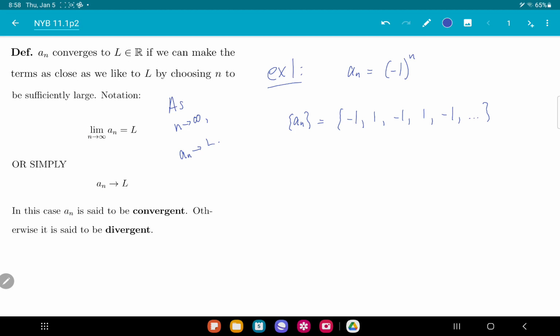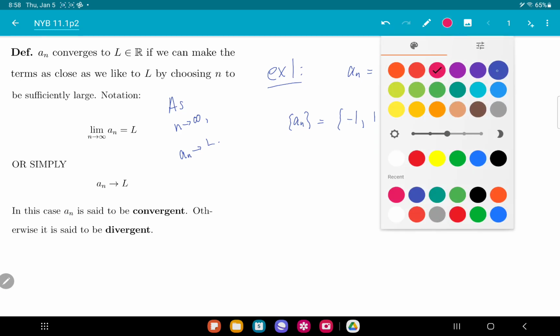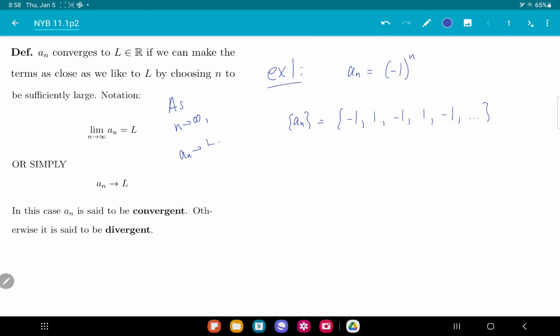So, having a gander at this thing, is a_n approaching anything? When n gets larger, if I choose larger and larger n's, is a_n getting closer to any single real number L? No, it is not. This is oscillating forever. So we say oscillating or alternating. So this is divergent.